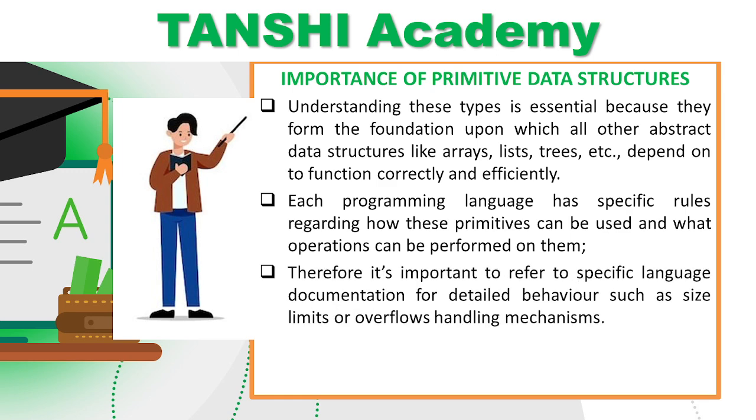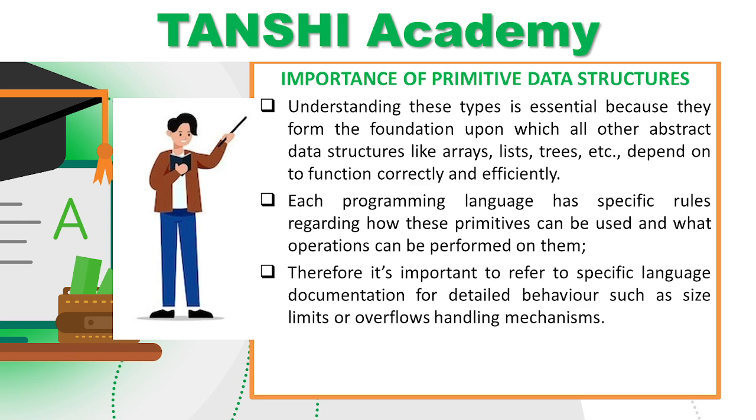Therefore, it is important to refer to specific language documentation for detailed behavior, such as size, limit, and handling mechanisms. When dealing with primitive data structures in C programming, it might not be the same in Python or in Pascal. But the whole concept is going to be the same because you are going to be dealing with the same category of data structures. So it is important for students to know the importance of primitive data structures.